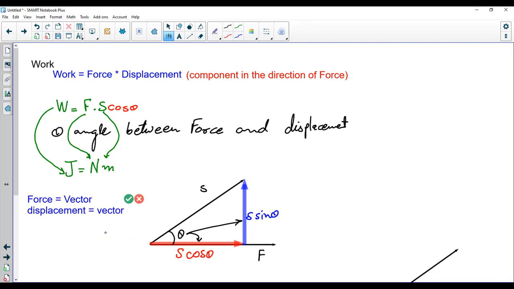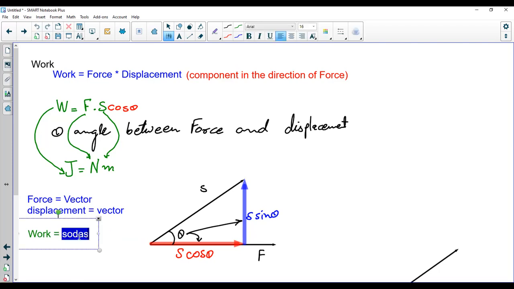But you need to remember, work is a scalar quantity. Work has no direction. It has just the magnitude. Work is a scalar quantity.